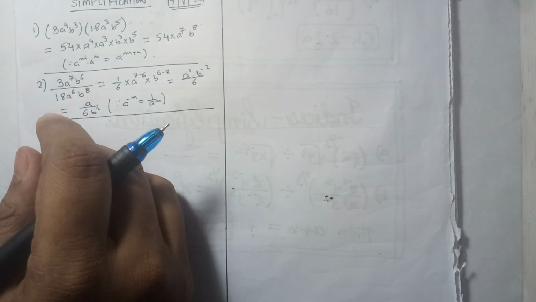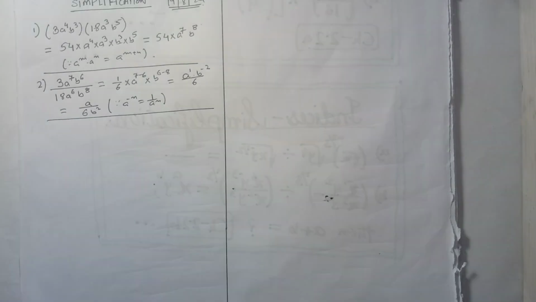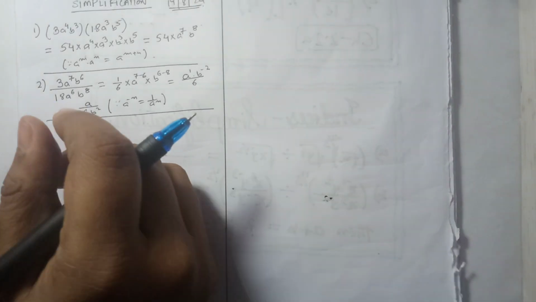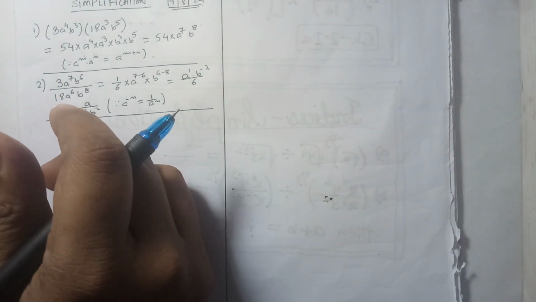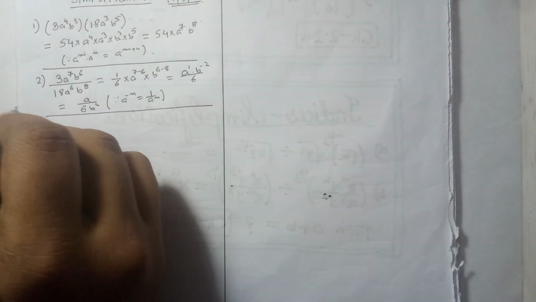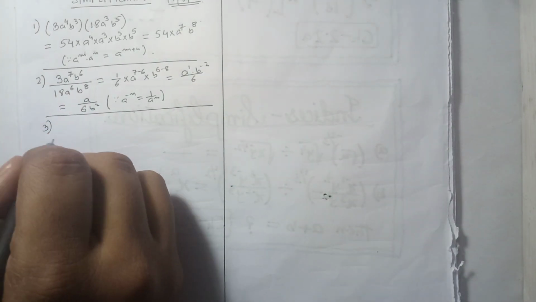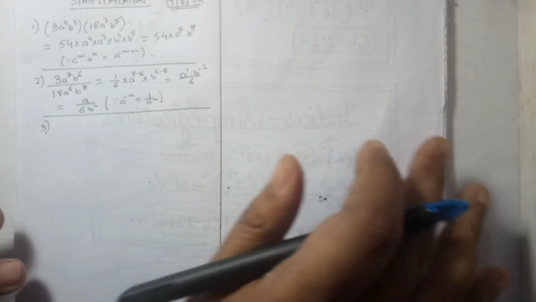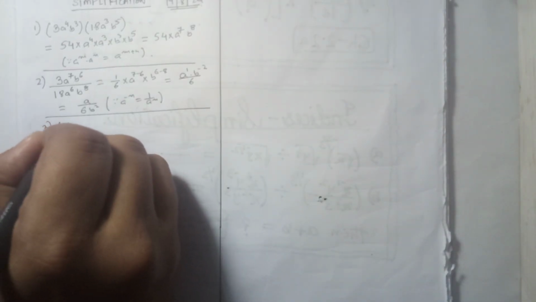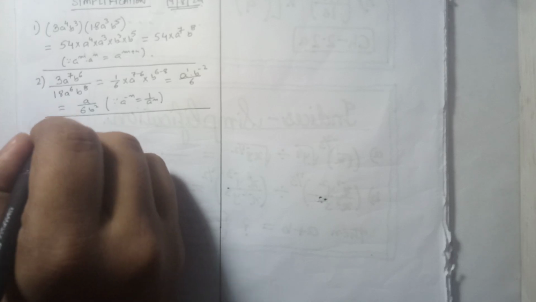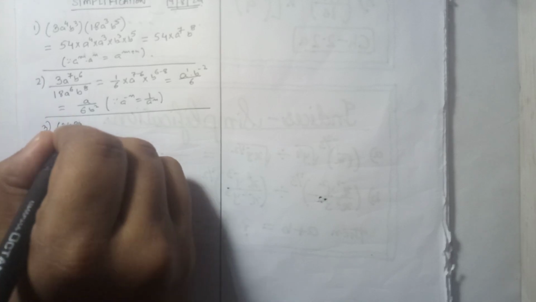Next. Three is 243 divided by 32 to the power minus 4 by 5.